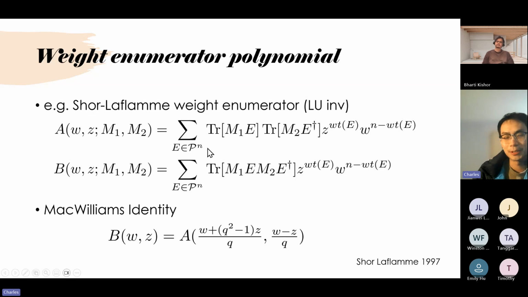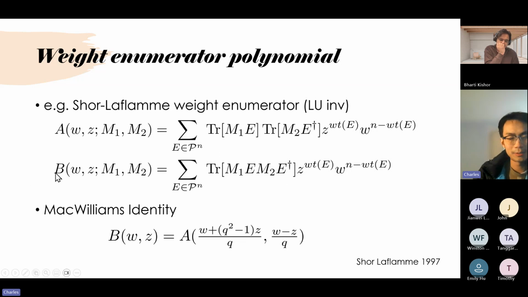So what we end up doing is that for these matrices, you compute some sort of inner product with a Pauli string, and that computes the coefficient in front of these monomials. And each of these variables is raised to the power of whatever the weight of the Pauli string is. Okay. So there's the A enumerator, and then there is a companion enumerator, let's call it the B enumerator, which is related to it, but has a different but similar flavor to it.